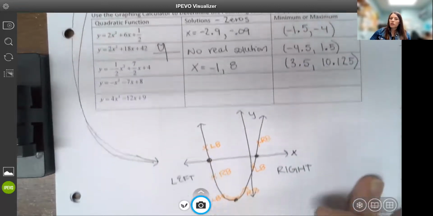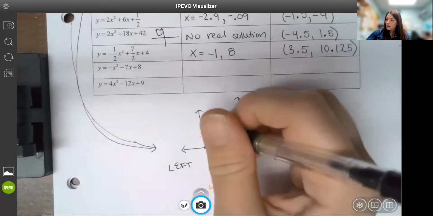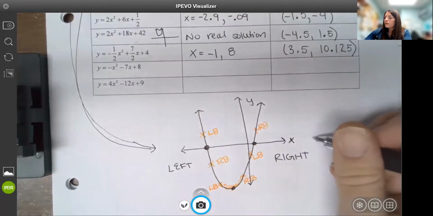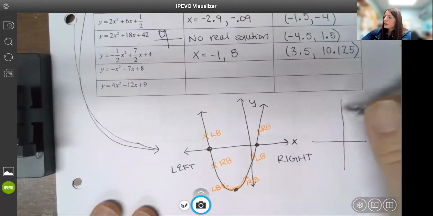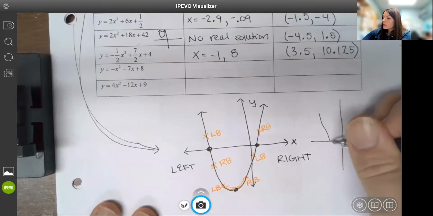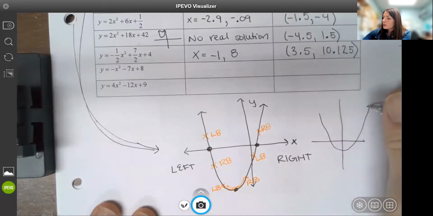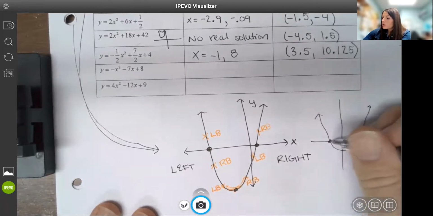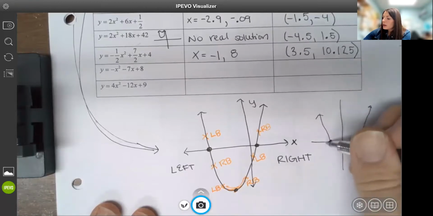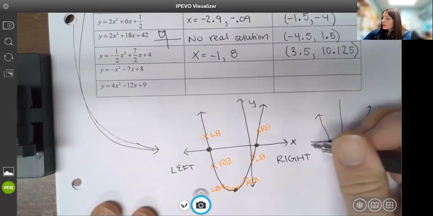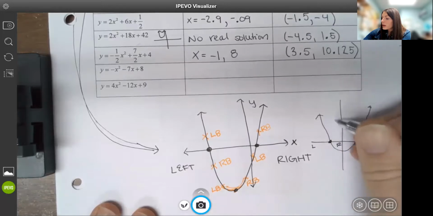Okay. So there are 2 more here that in a moment I'll give you a chance to do on your own. I was just thinking of another way to think about this. Like I said, I have a bad habit of making my parabola straighter than it's supposed to go at the end. In terms of left bound, right bound, here's our left and here's our right.